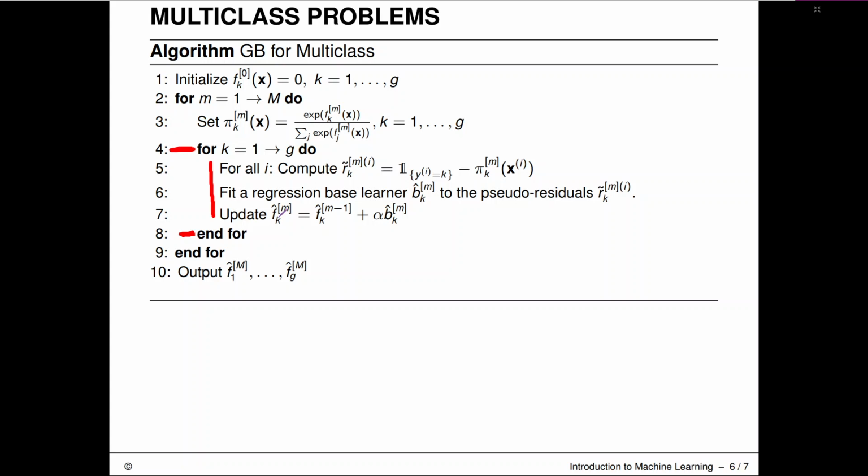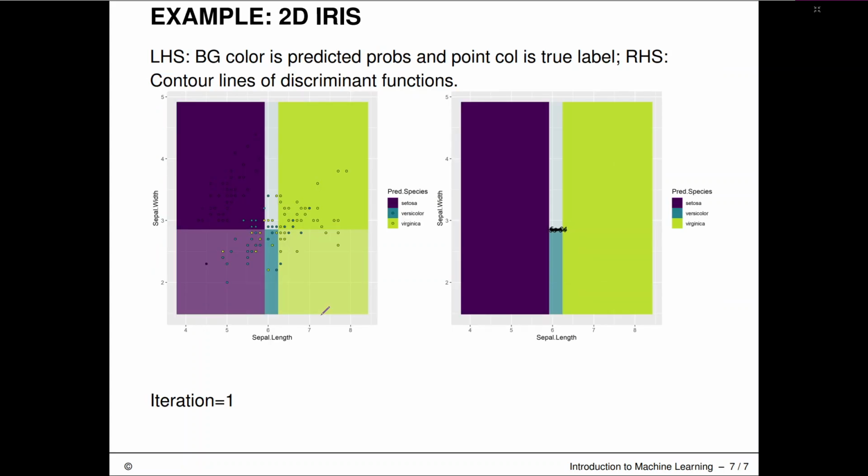So at the end, our discriminant functions all have the same number of additive components, which is controlled by this parameter capital M. And then at the end, we output all of these. And if you want probability predictions based on these, you again push their joint score vector through the softmax function.